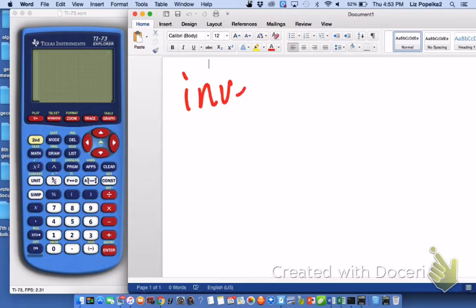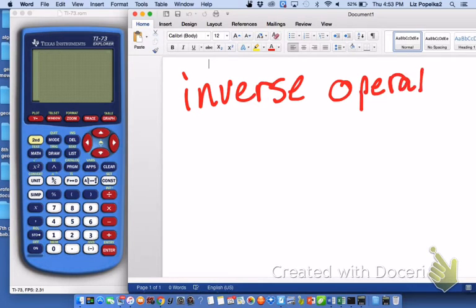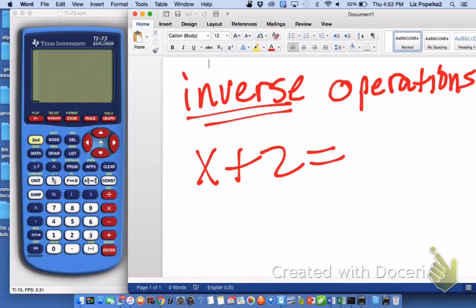In 6th and 7th grade, you learned about a little thing called inverse operations. Remember, inverse is just a fancy word for opposite. I'm going to solve just a really basic equation. I know you guys can do this in your head, but just as a reminder for exactly how inverse operations work.